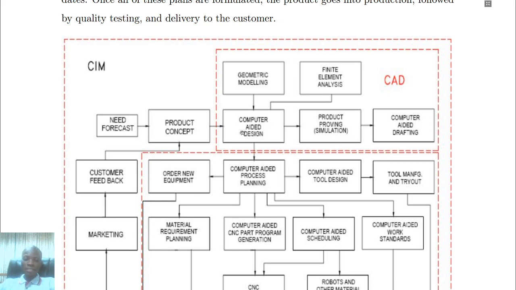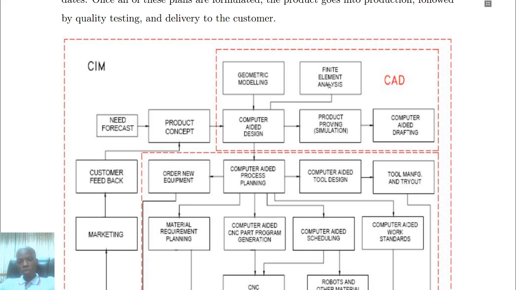With computer aided design, we are going to design the concept which we have in our mind. We draw it with a computer, and in that we have what we call geometric modeling. Geometric modeling is going to assist us as we model the geometry of the product.